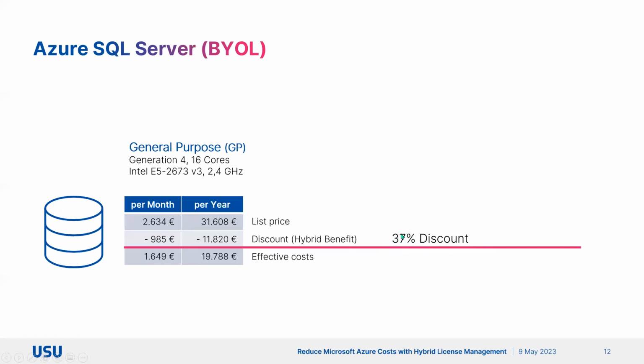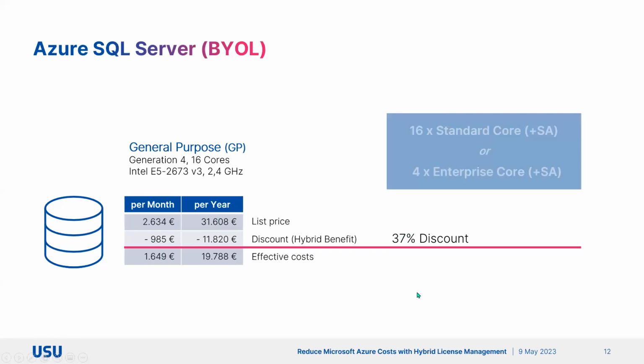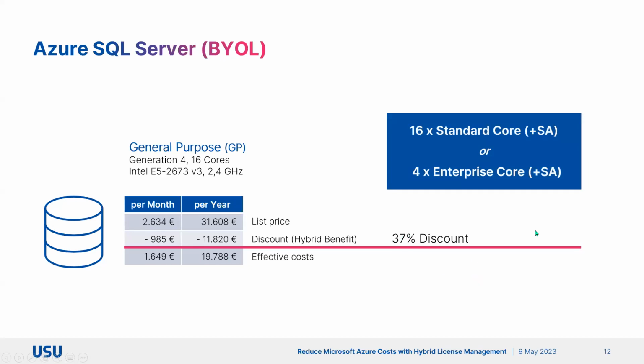Notable again, 37% are software costs. Yeah, and this reduces your cost by roughly 1/3. At the same time, you need the licenses. You need 16 standard core licenses, or you could also use 4 enterprise core licenses with software assurance.